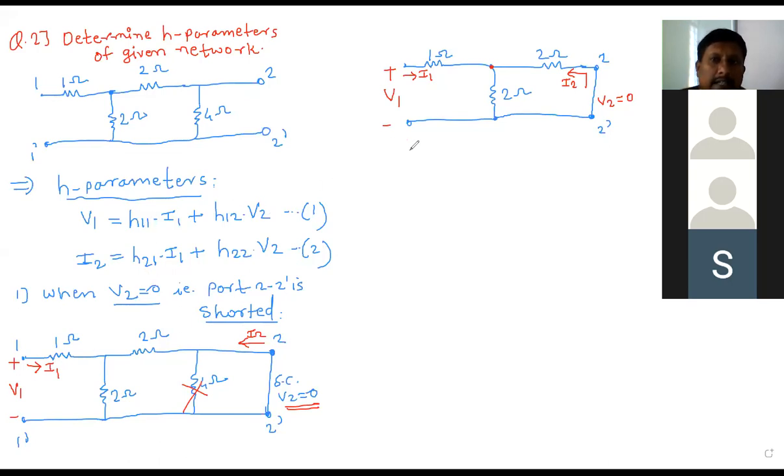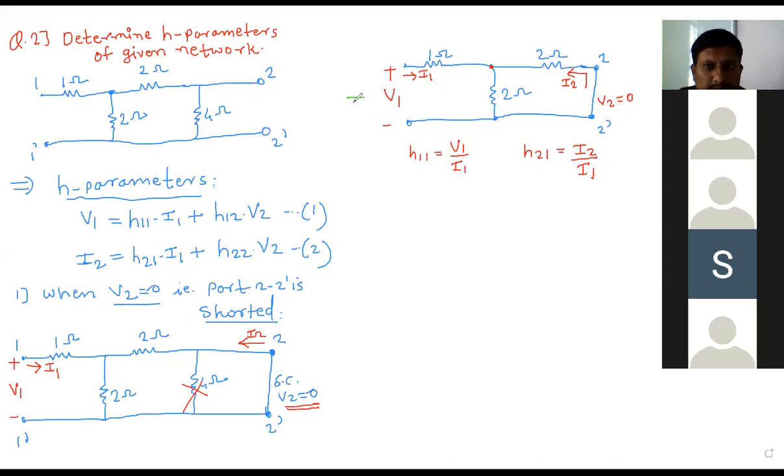So when V2 equal to 0, H11 and H21 we can get. H11 is equal to V1 upon I1, and H21 is equal to I2 upon I1. V1 upon I1 means variables of the same port, so what do we find out?